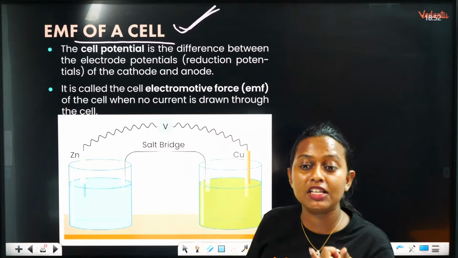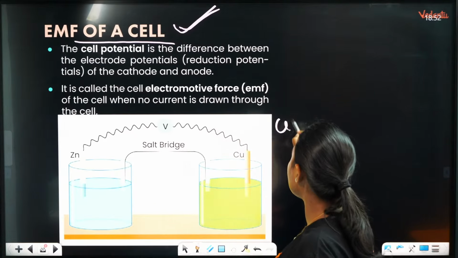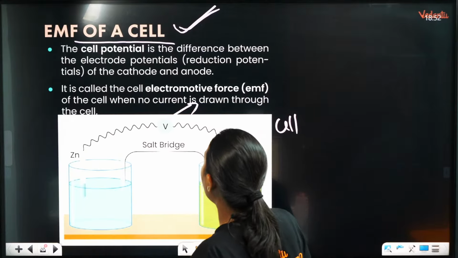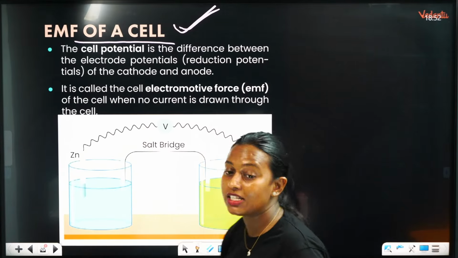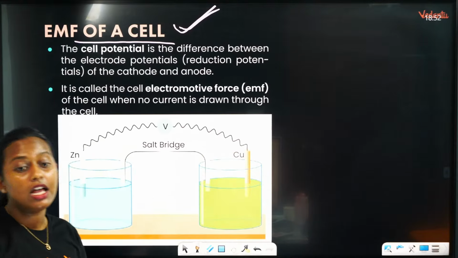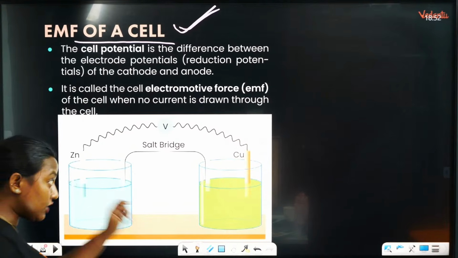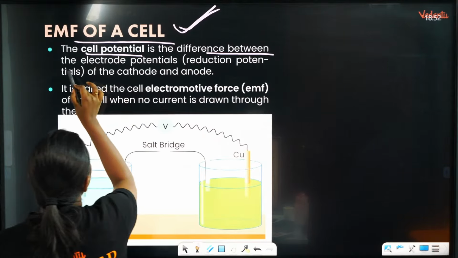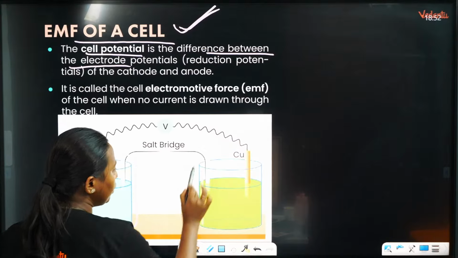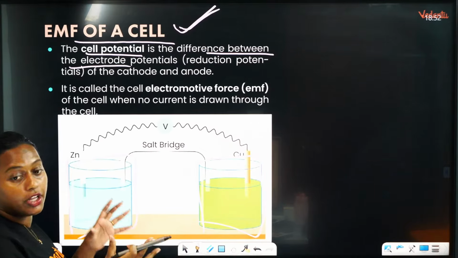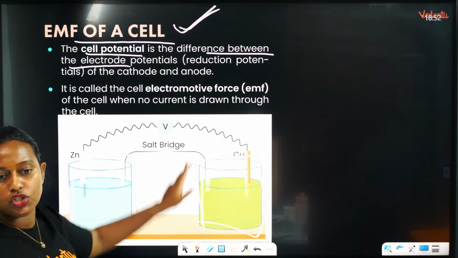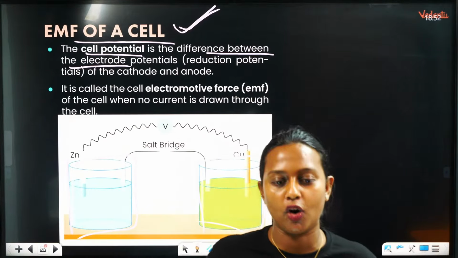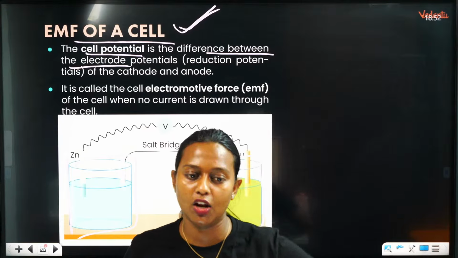The cell potential is the difference between the electrode potentials. It is the potential difference between the two electrode potentials of the cell.